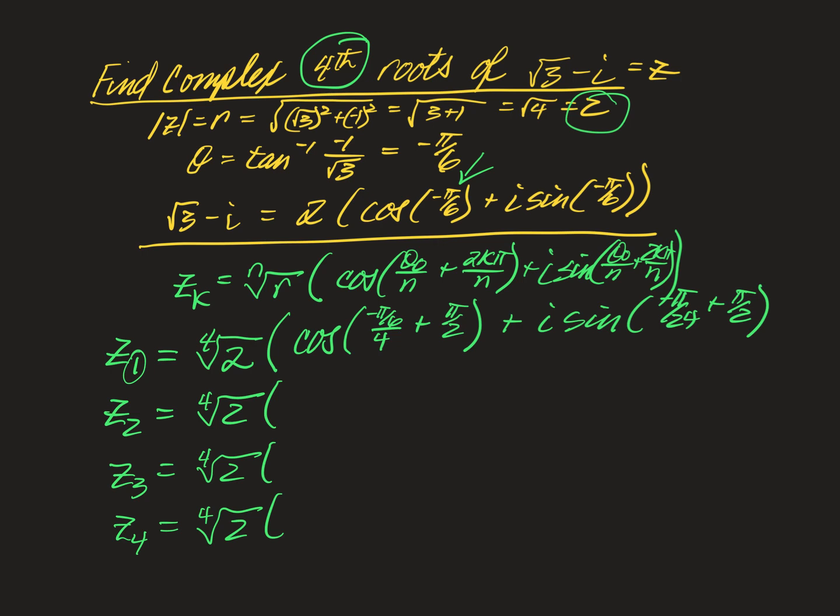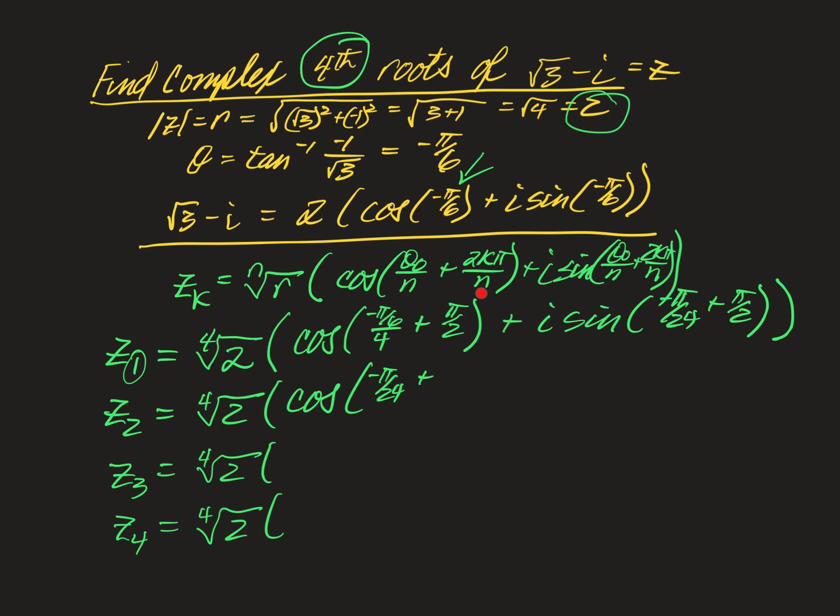And we can write what those are going to be, okay? And then the next one is going to be the cosine. And again, we'll get negative pi over 24 here. But then, looking at it right here, it's 2 times 2 pi.